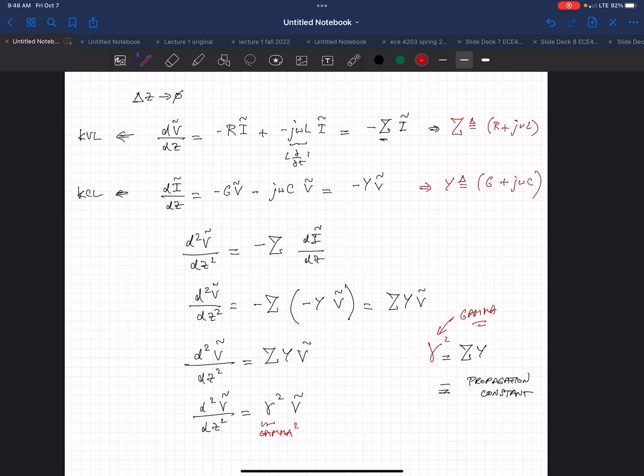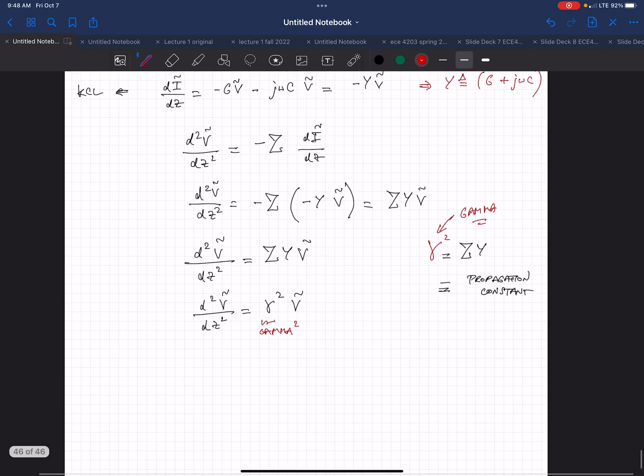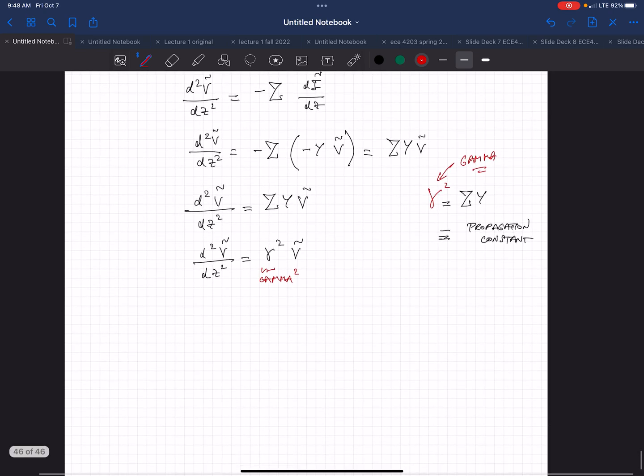So I'm solving these two equations simultaneously. This is like the same thing we did when we just had L and C, except now we have this gamma squared, which is called the propagation constant.